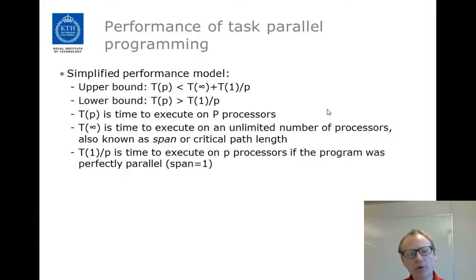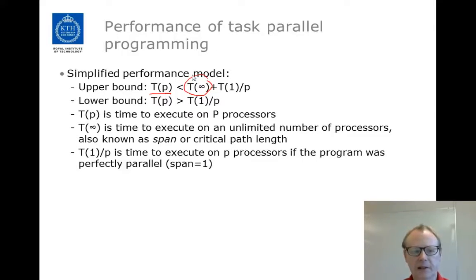So how can we reason about performance with task parallel programming? Well, there is some theory around this. So there is a work span theory, and I'm reserving most of the effort on this to a different lecture. But I can specify that there's an upper bound on the execution time on P processors, and that is specified by the T infinite.